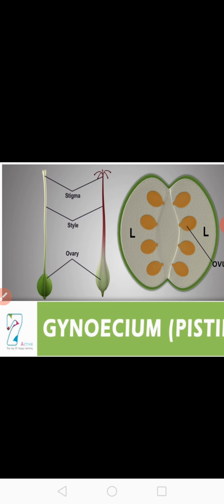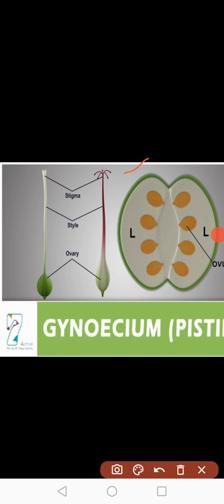So I will summarize the topic once again. This is the enlarged portion of the ovary, and within the ovary there is a cavity. This cavity is called the ovarian cavity or the locule, where the placenta is located. So this portion is the placenta.